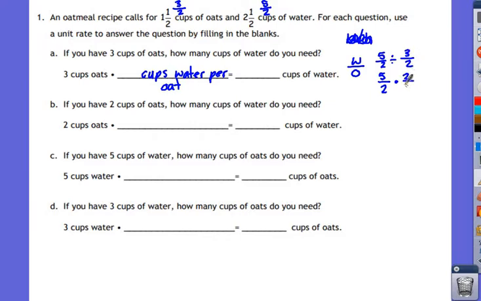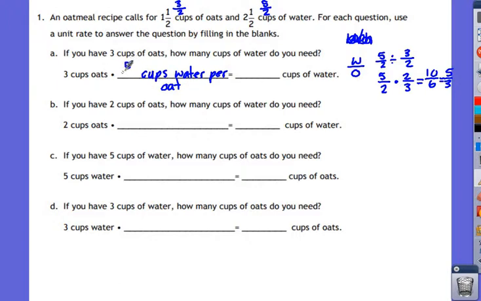So I'm going to flip it. Now I can multiply my fraction. I get 10 over 6. And that can reduce to 5/3.